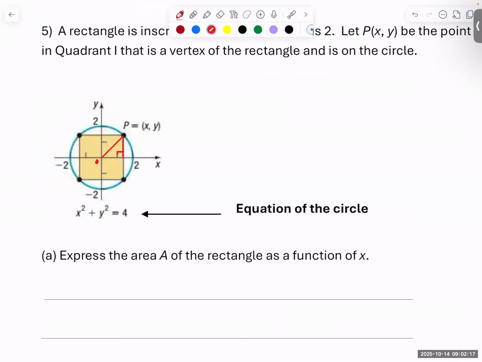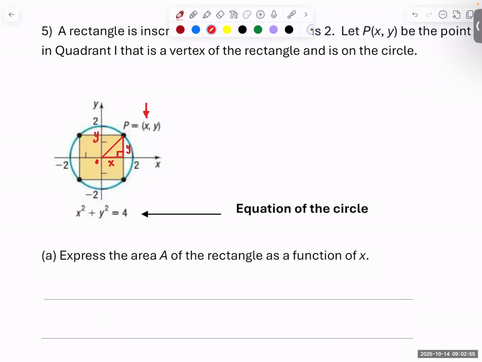That makes a right angle and a right triangle. And then we have this horizontal leg of length x. X is the length of that leg because x is the coordinate of point P. And the vertical leg has a length of y. Y is the coordinate of point P on the y-axis.